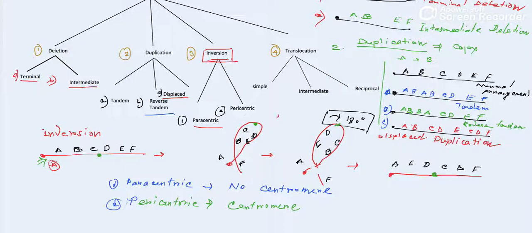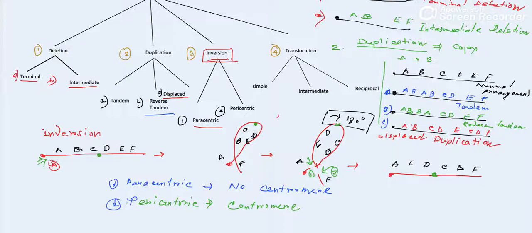So inversion is nothing but breakage. Firstly, the chromosome forms a loop, and secondly two breakages occur during this mutation, breakage number 1 and number 2.